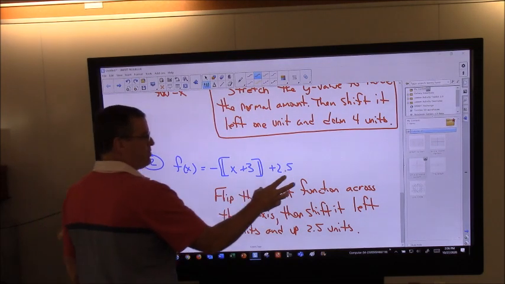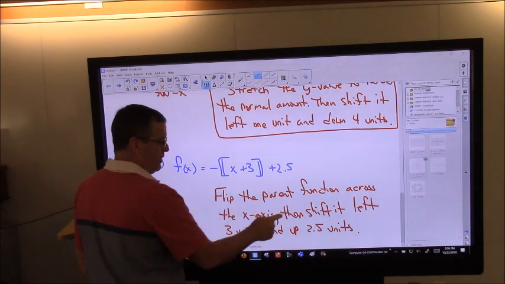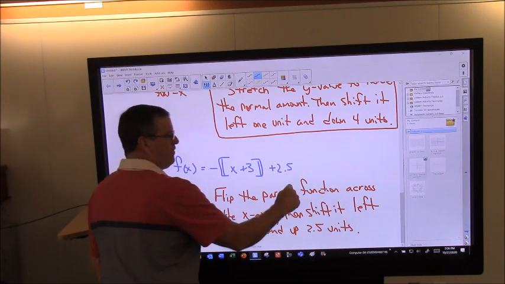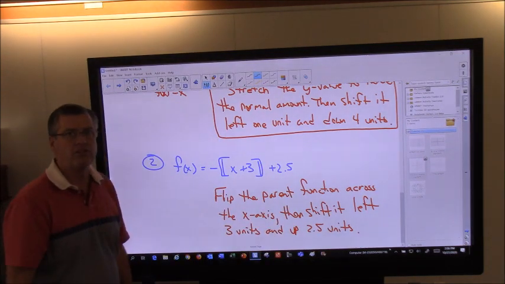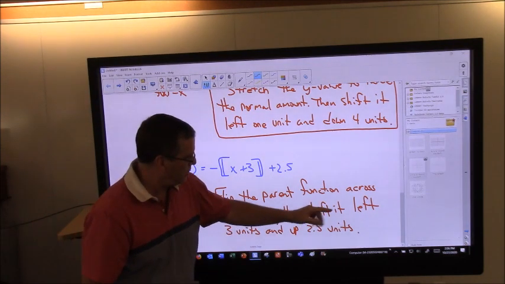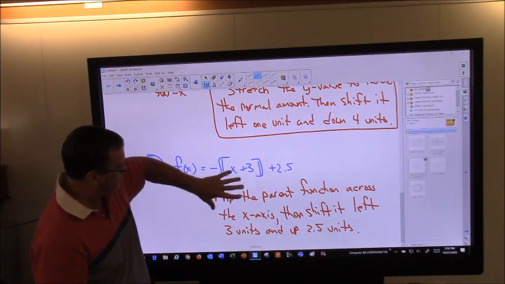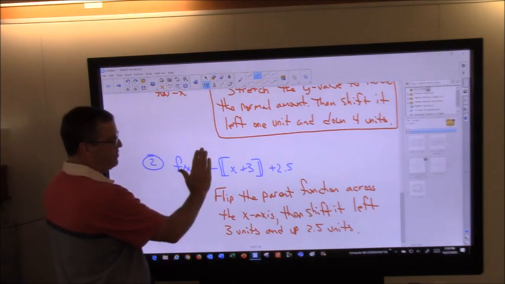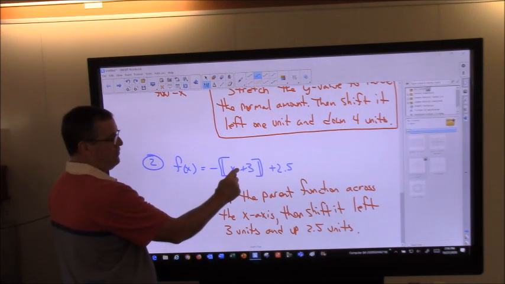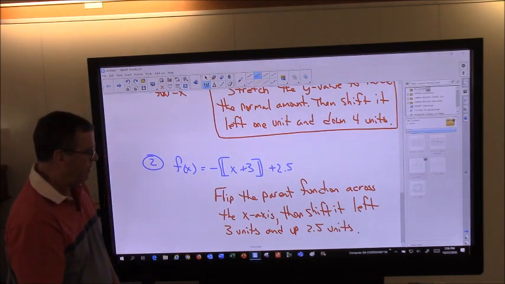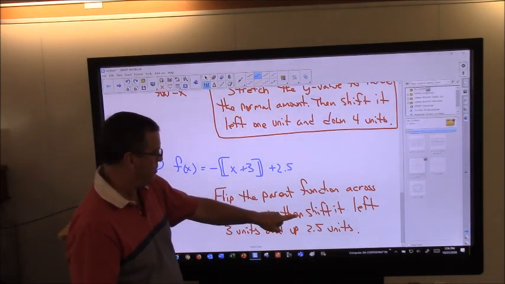Once you've established that you're talking about the parent function, then if somewhere else you say then shift it, that it is referring to the parent function, right? So it's okay to use the word it after you've established what it is that's getting flipped. I mean, if the only thing I did, let's say that negative sign wasn't there, and I'm going to shift this thing 3 units to the left and 2.5 units up, then I couldn't start with this, right?